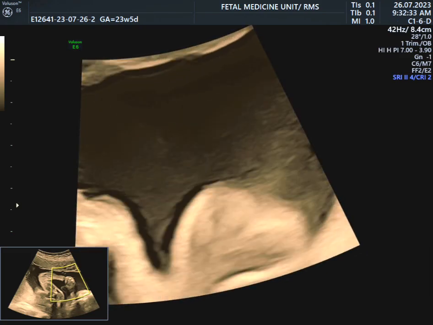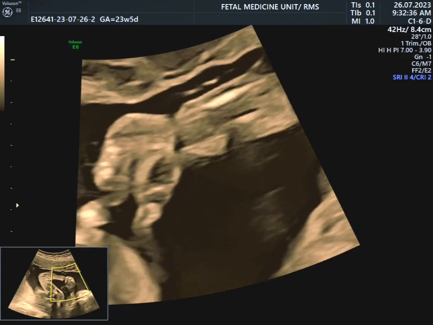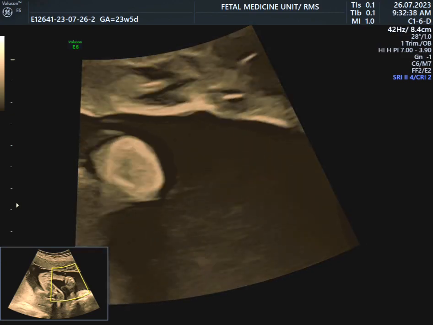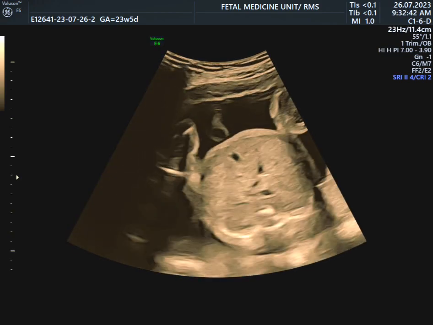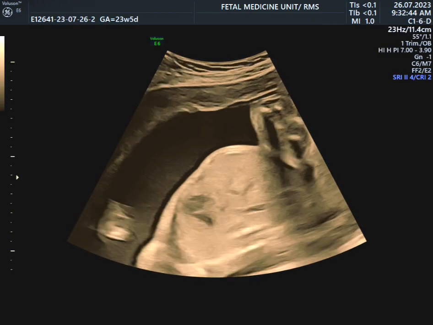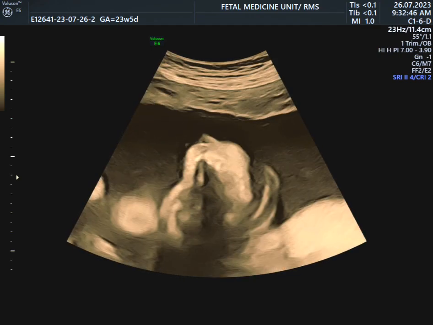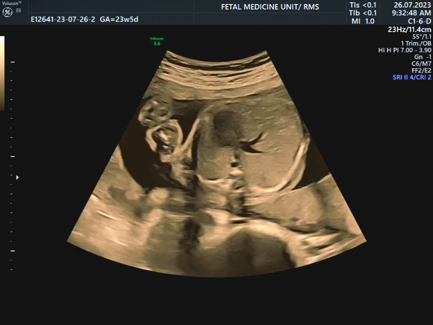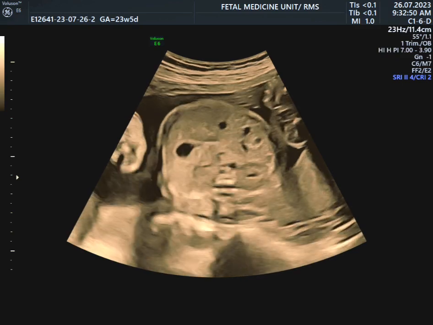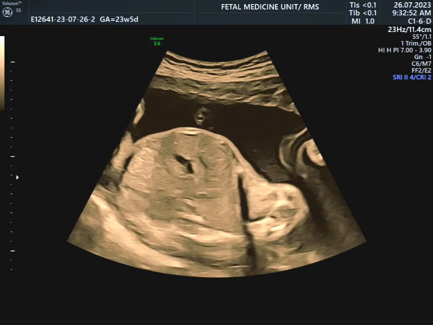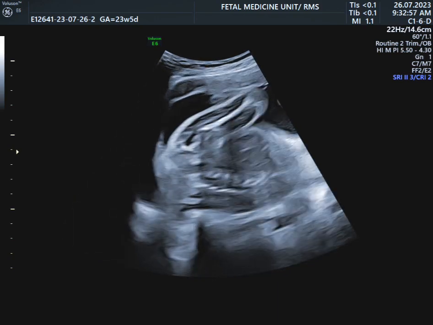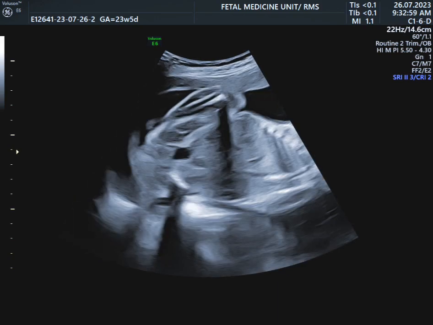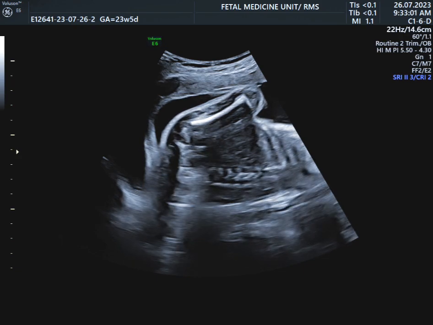This is the other hand. It's very nice. This is the cord insertion. Okay, and we're trying to get all of the measurements.